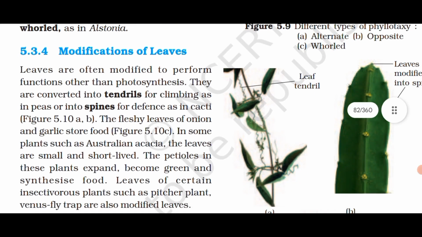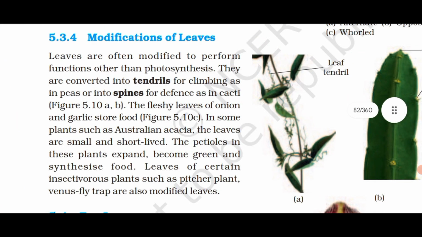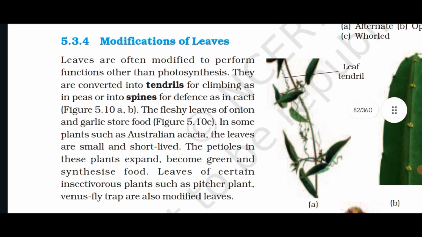5.3.4 Modification of leaves. Leaves are often modified to perform functions other than photosynthesis. They are converted into tendrils for climbing as in peas, or into spines for defense as in cacti. The fleshy leaves of onion and garlic store food.